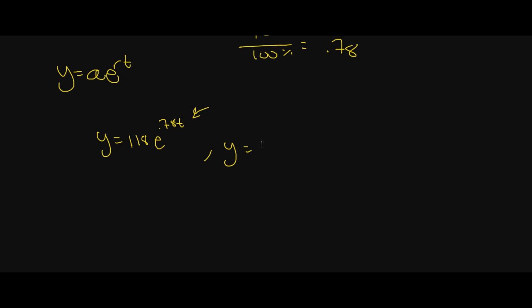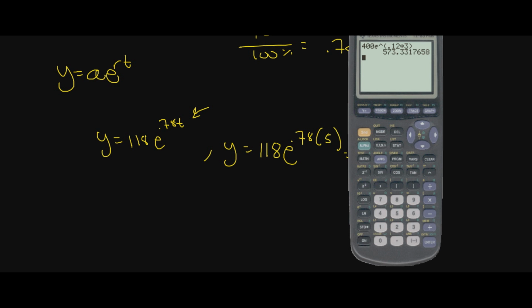So y is equal to 118 e to the 0.78 times 5. And if we plug that into our calculator, we should be getting 118 e to the 0.78 times 5.